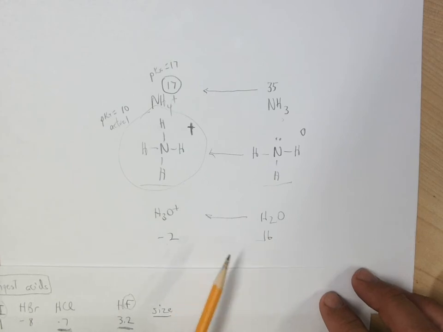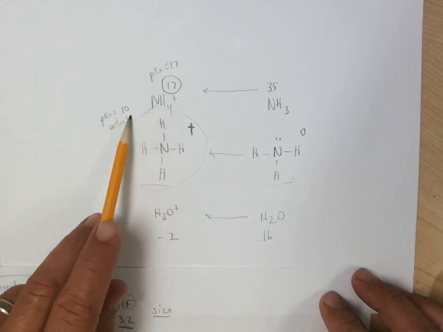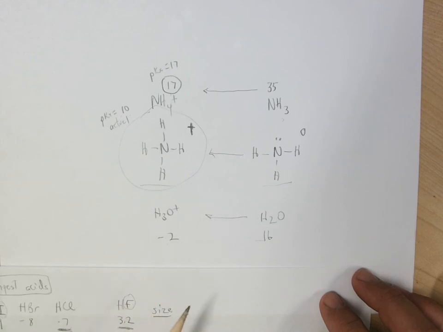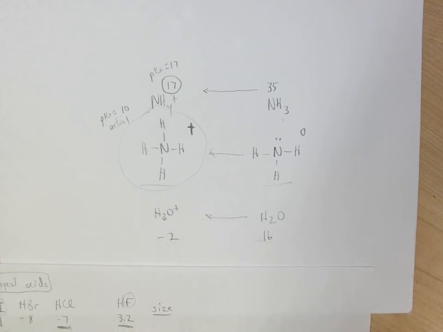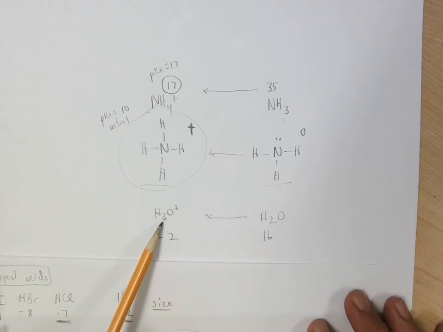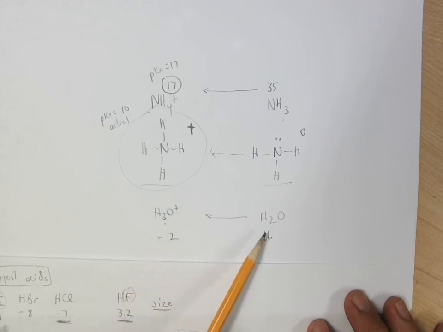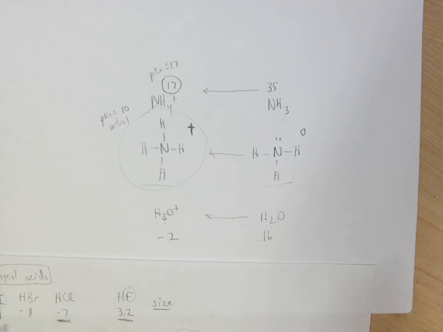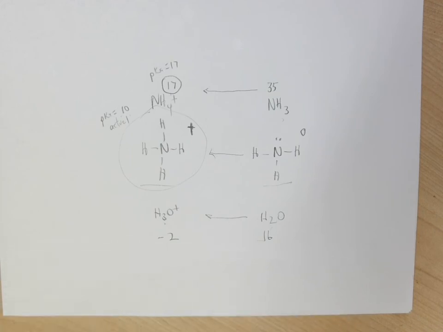Certainly these two aren't equal, but I've got a pretty decent estimate that ammonium is going to be quite a bit more acidic than ammonia, just like hydronium is quite a bit more acidic than water. And because oxygen and nitrogen affect the compounds and ions differently, it's not going to be a perfect comparison, but it's going to get us in the ballpark for sure.